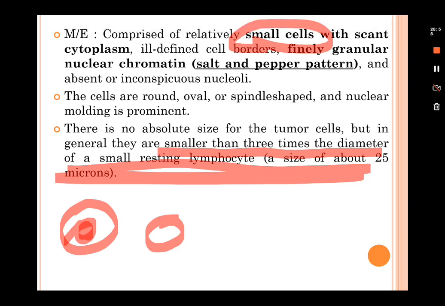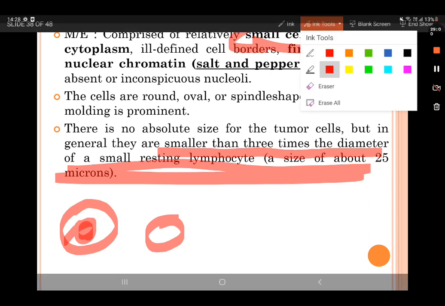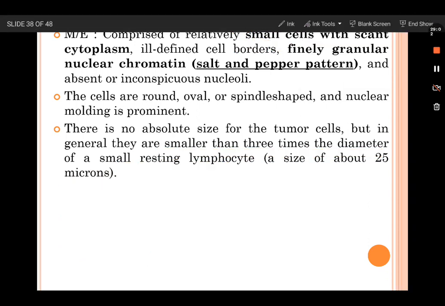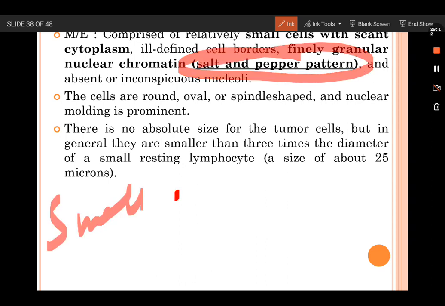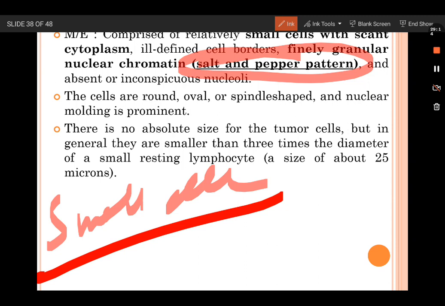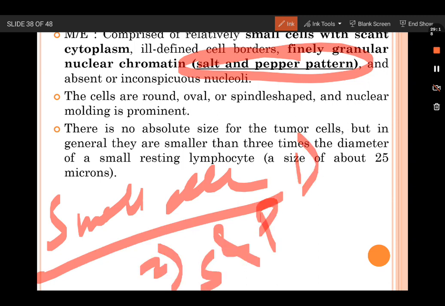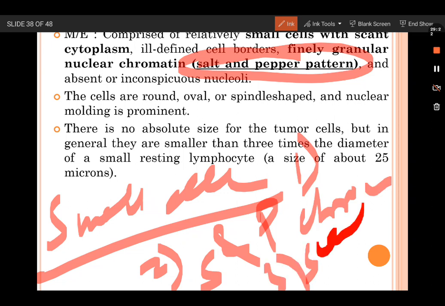So these are small cells with scant cytoplasm. Basically only the nucleus is seen, and this nucleus has salt and pepper chromatin. Just remember: number 1, small cells smaller than 3 times the diameter of a resting lymphocyte. Number 2, salt and pepper chromatin, and also scant cytoplasm as the third point.